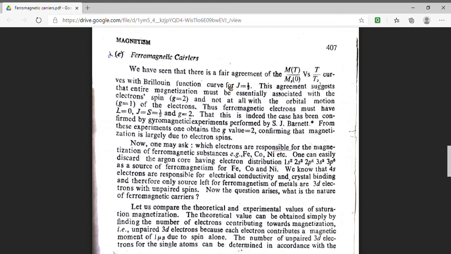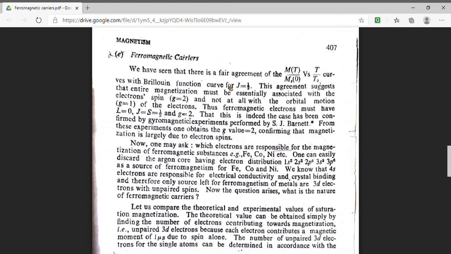And we have also shown in our previous lecture that spontaneous magnetization arises only for temperature range T less than Tc, Tc being the Curie temperature. And for T equal to Tc and T greater than Tc, there is no spontaneous magnetization.